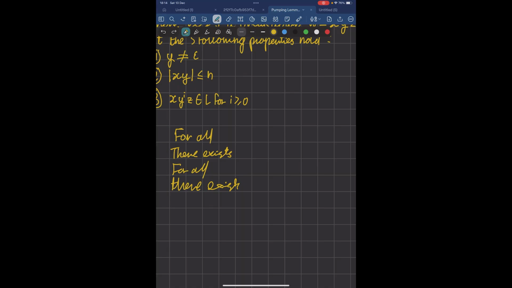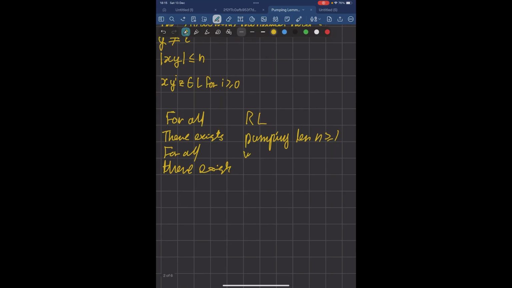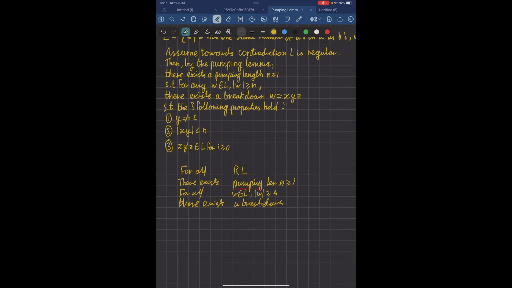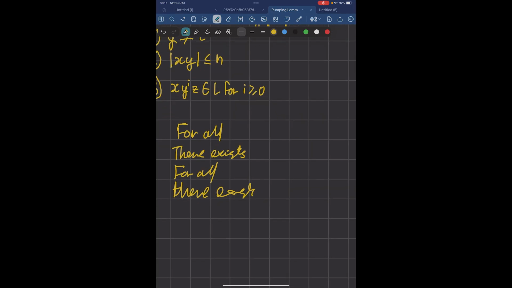The pumping lemma says that for all regular languages, there exists a pumping length such that for all strings in the language, with their length being at least the pumping length, there exists a breakdown where all three properties hold. So if you're finding it hard to memorize the pumping lemma, just think about this structure.